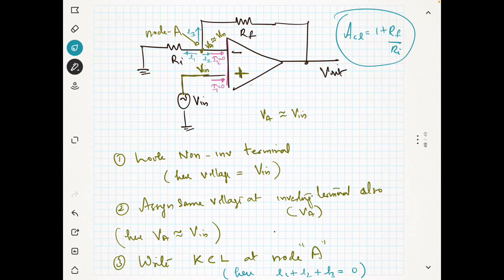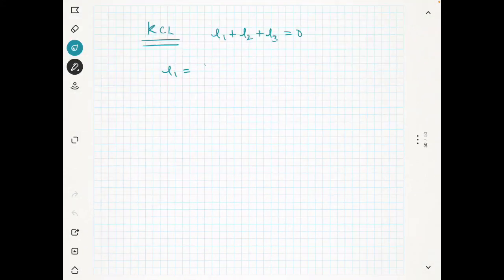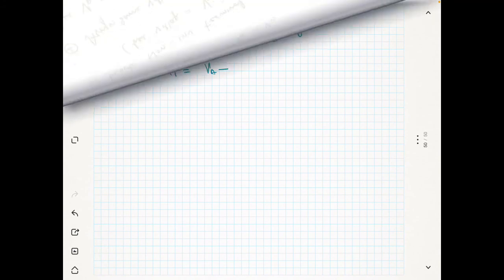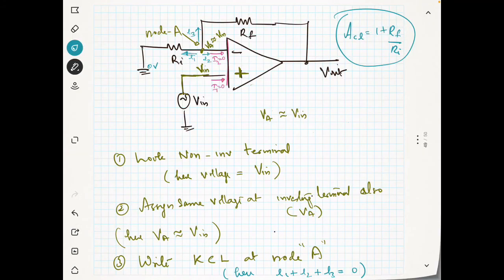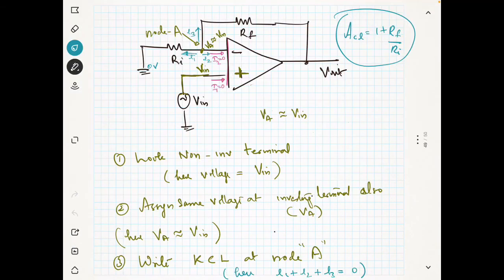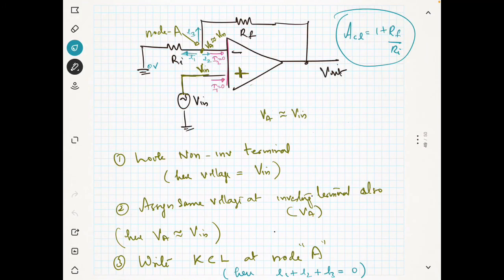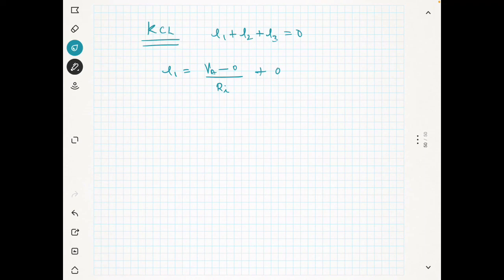So you are going to write the Kirchhoff law now: I1 plus I2 plus I3 is equal to 0. And what is I1? I1 is the current going away from the junction. So I1 is nothing but VA minus 0, since this voltage is 0 volt, divided by the resistance Ri, right? Plus I2, the current going into the op amp, which will be 0, of course.